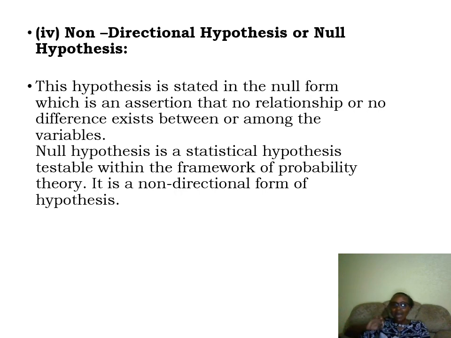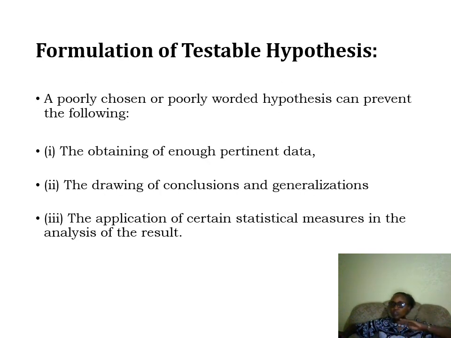Then we have the non-directional, which are sometimes stated as null. These ones are normally measured in a statistical format. They are tested using a statistical framework, a framework of probability. That's a non-directional hypothesis. We're going to see some of those null hypotheses.